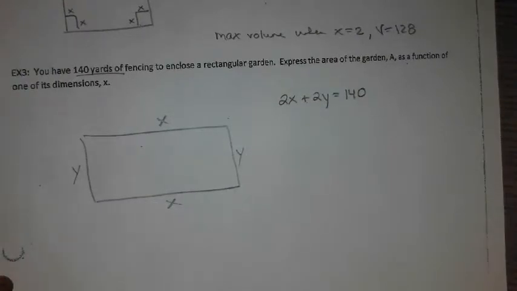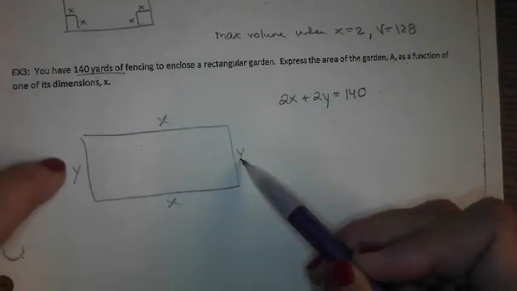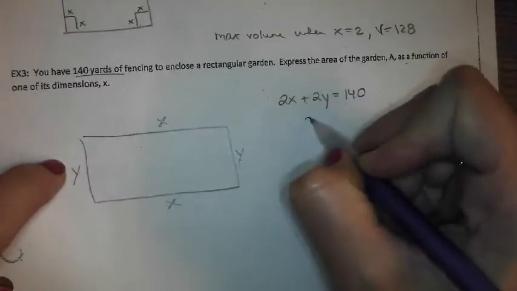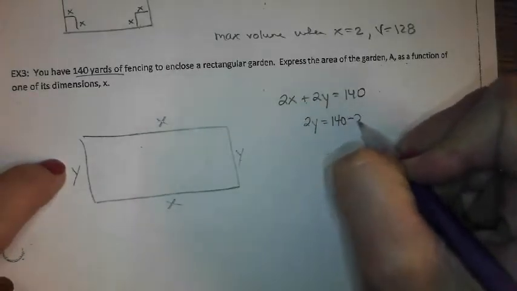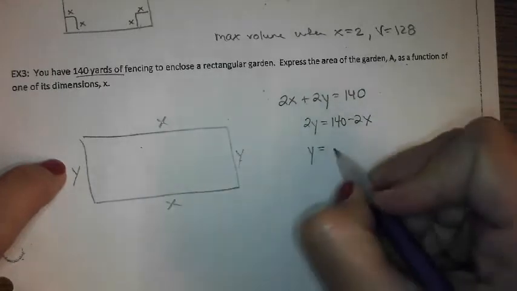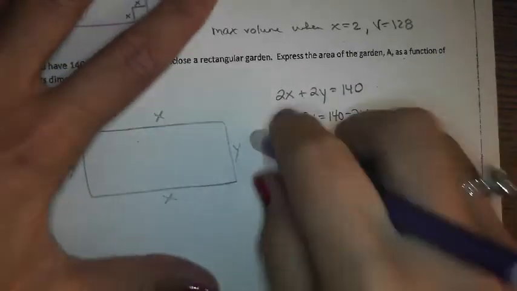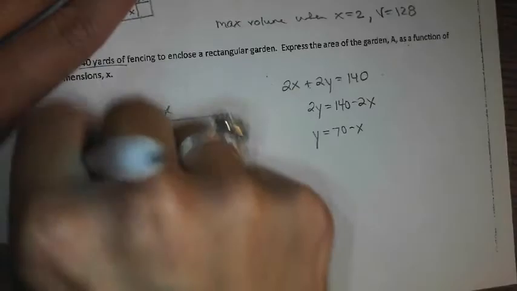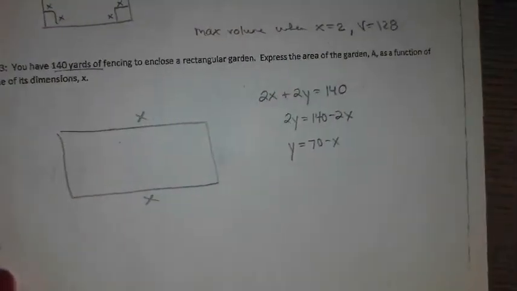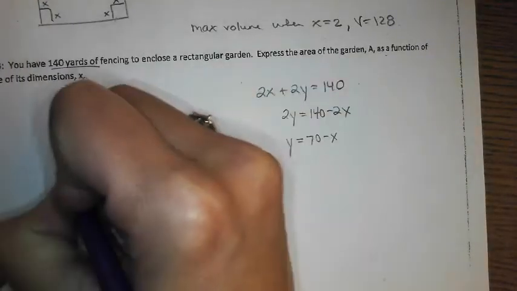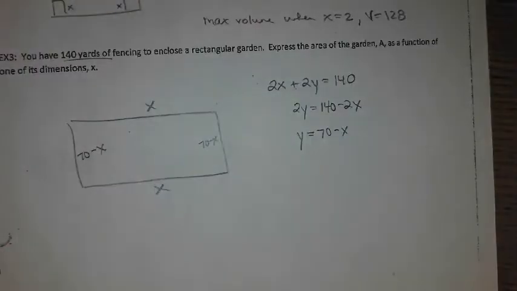I don't want two variables though, so I need to get rid of this y. So I'm going to solve this for y. Divide both sides by 2, I'm going to get 70 minus x. That's really how our width should be represented, 70 minus x, so that we're all in terms of the same variable.